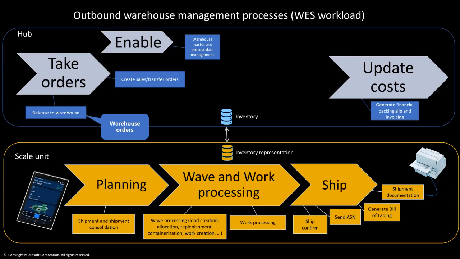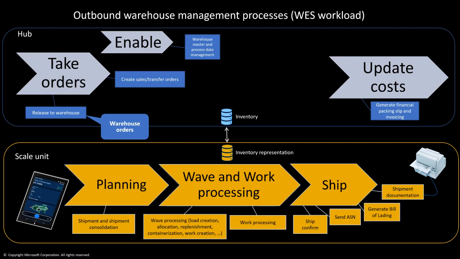But this is where, when we talk about scalability of the solution, this really comes into play, within these transaction flows. Where traditionally all warehouses would be waving and generating work on that centralized single hub instance, you now have the ability to do that waving, work processing and work creation on distributed scale units around the globe.